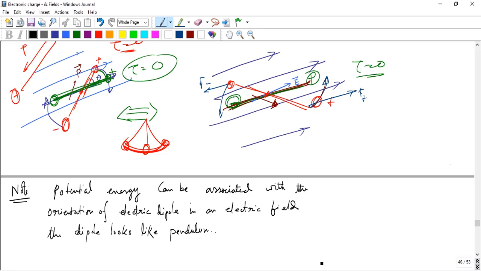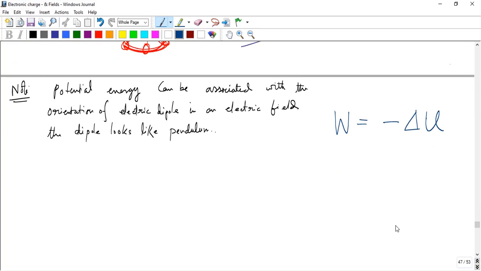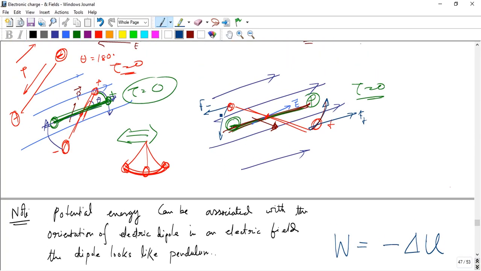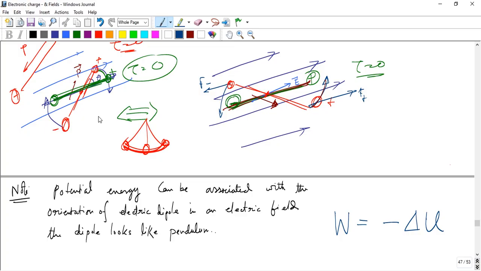Then there is some work done W, and that W is associated with the potential energy U, with a minus sign. If the body is at rest, the potential energy is maximum, and if the body is in motion, the potential energy is minimum.